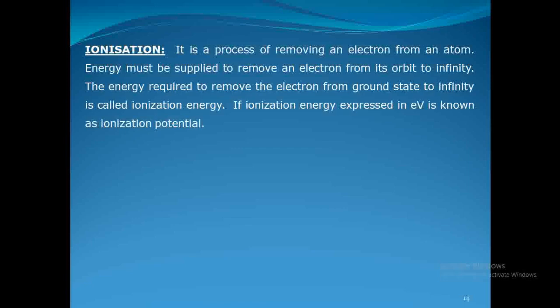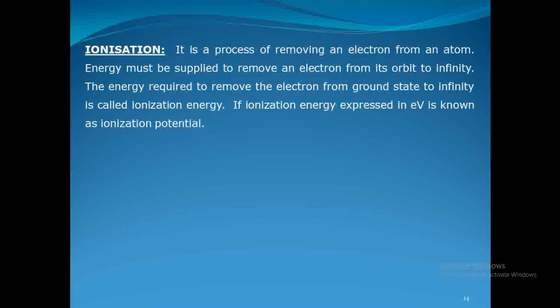Next we have to look into two important concepts, that is ionization and excitation. First let us look into the concept of ionization. It is nothing but the process of removing an electron completely from the atom, or taking the electron present in any orbit to the orbit at infinity.